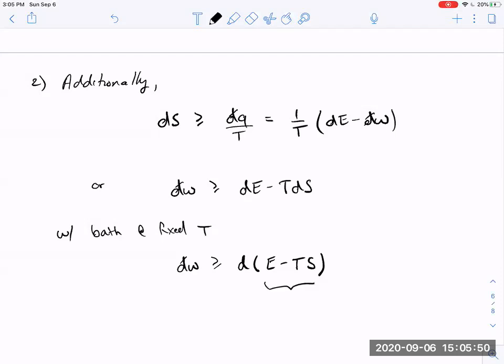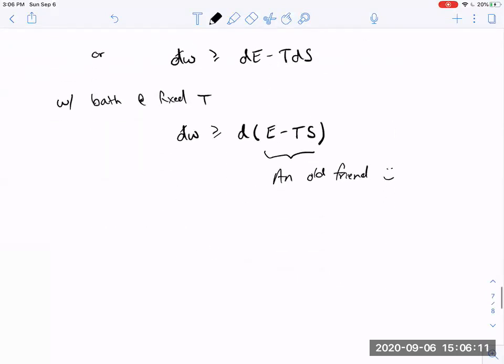Does that look familiar to anybody? That's an old friend, right? Who remembers what you call thermodynamically what you get when you take the energy and subtract off T times S, temperature times the entropy? We will use the symbol A as equaling E minus TS, and that, of course, is nothing but the so-called Helmholtz free energy.